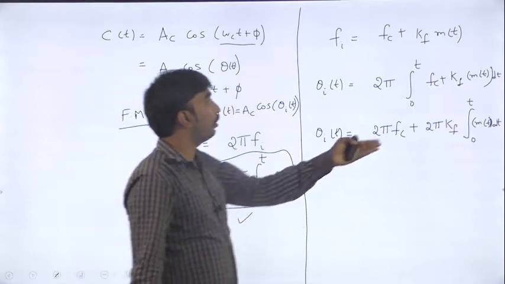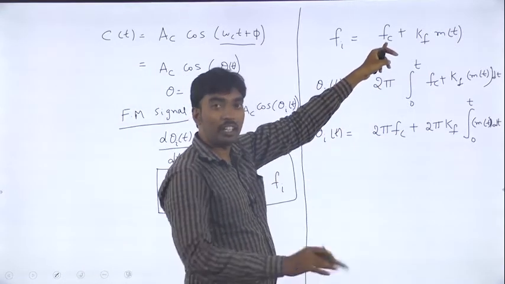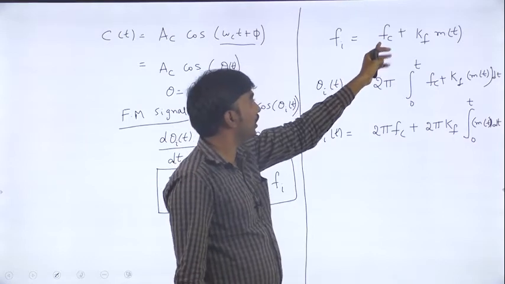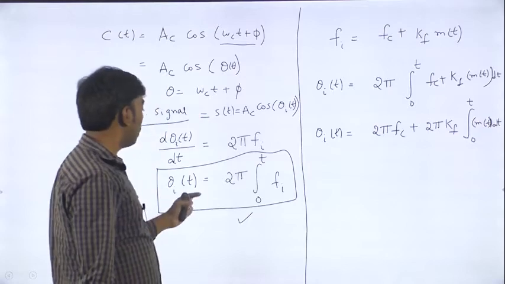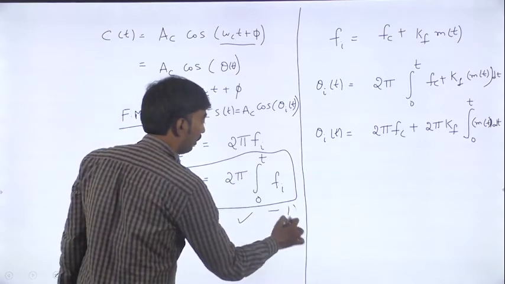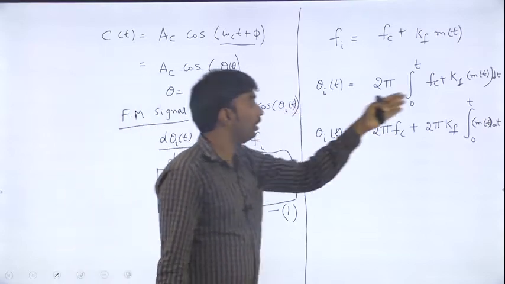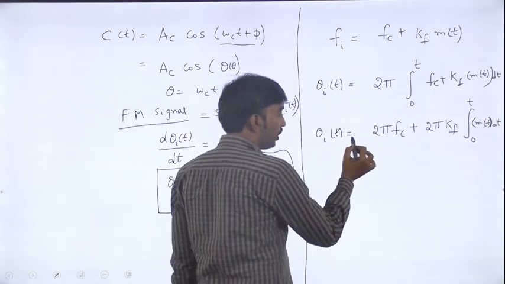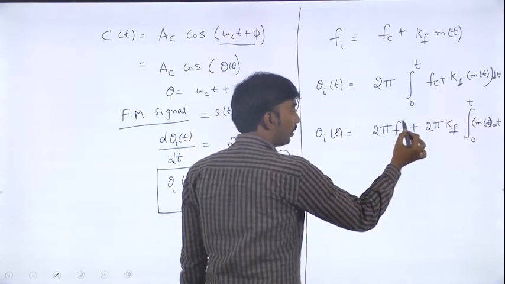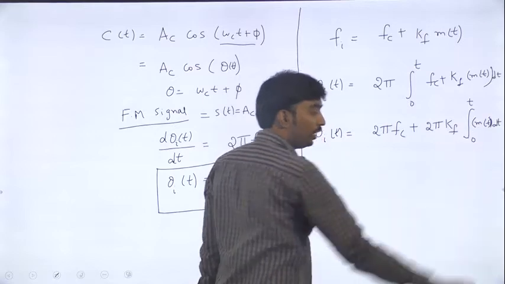What I have done: from the earlier explanation, from the graphical representation, Fi is equal to Fc plus Kf into m of t, and that I have substituted in expression 1. After substituting, I am getting this. Now the final expression is theta i of t is equal to 2 pi Fc plus 2 pi Kf into the integral from 0 to t of m of t dt.